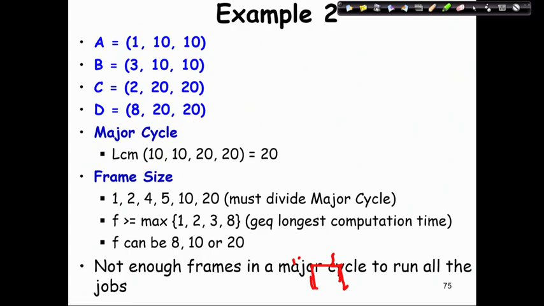We cannot schedule this task set. If you can see, the major culprit here is this 8. As we proceed, we will see how to handle this situation. This task set is becoming unschedulable. How do we make it schedulable on a cyclic scheduler? We will stop here, and we will continue the next lecture from this point.